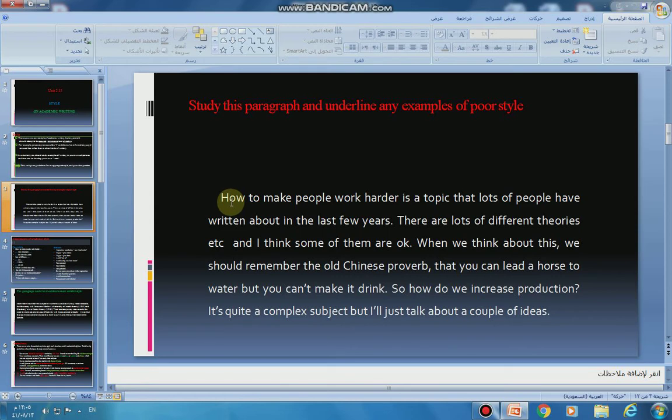How to make people work harder is a topic that lots of people have written about in the last few years. There are lots of different theories, etc., and I think some of them are okay.